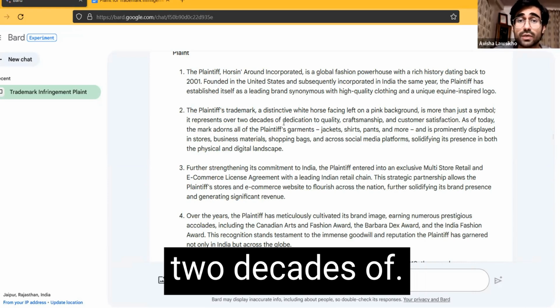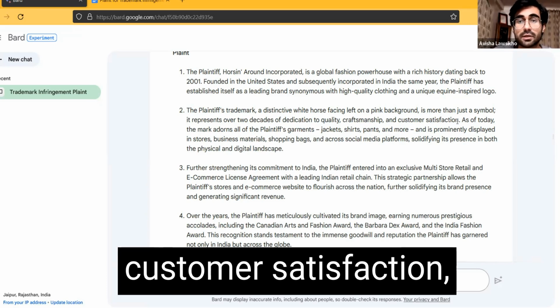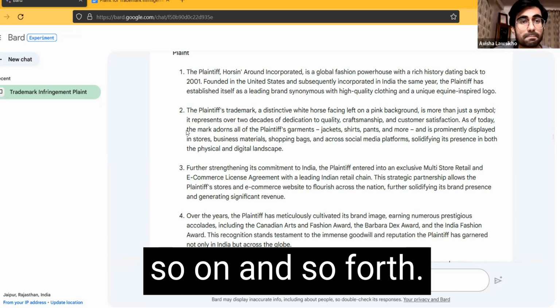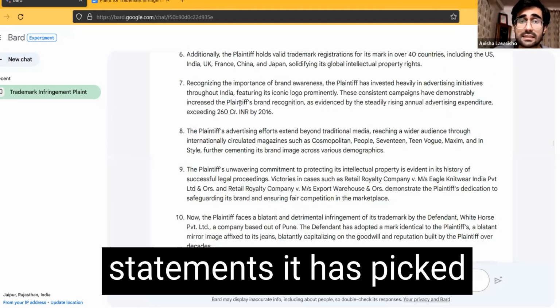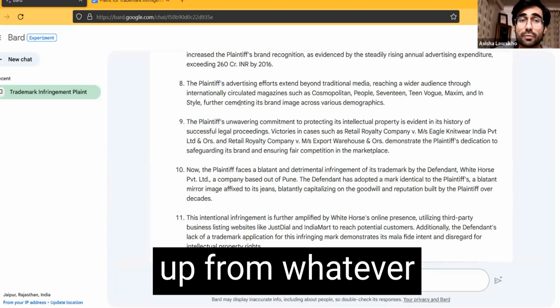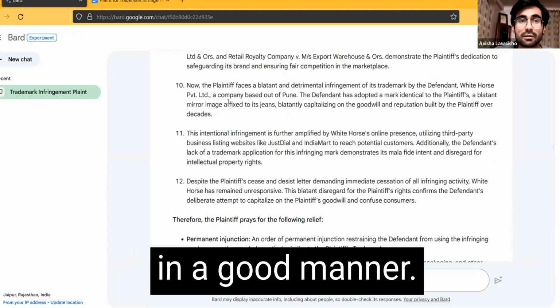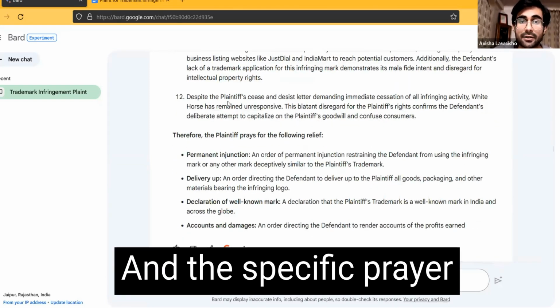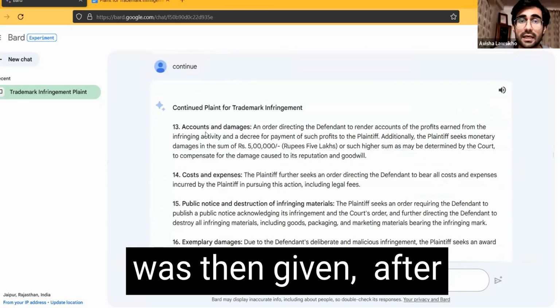It represents over 2 decades of dedication to quality, craftsmanship, customer satisfaction, and so on and so forth. So all these specific statements, it has picked up from whatever information I provided it, and it has used that information in a good manner. And the specific prayer was then given.